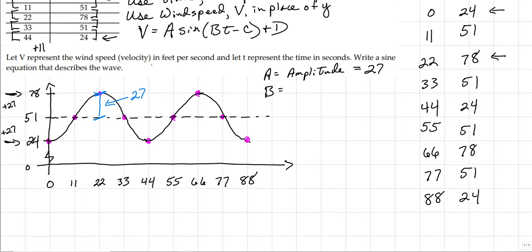Remembering that B works in conjunction with the period. And so what we're going to do is we know that the period, P, is equal to 2 pi over B. Well, in order to solve for B, I need to know what the period is.